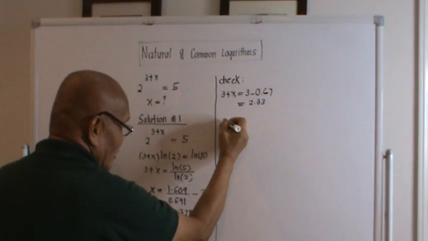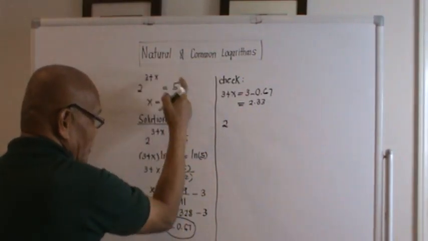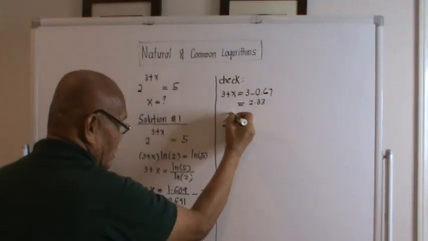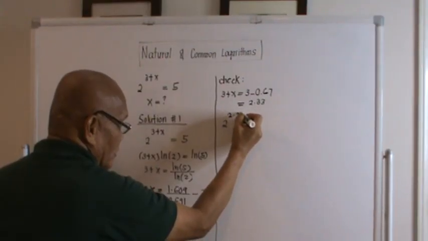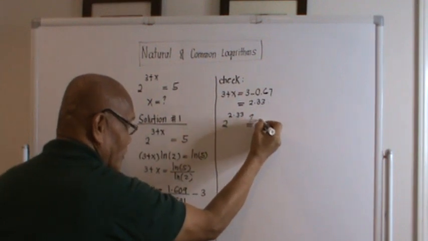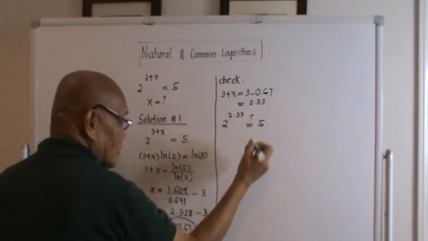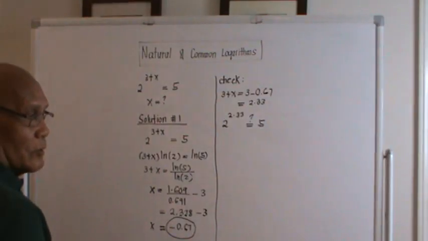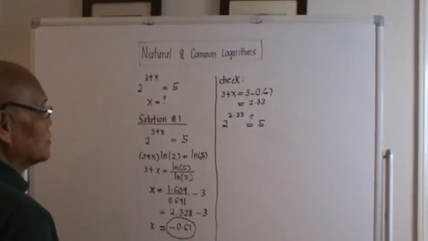So we will place the value 2.33 for 3 plus x. And will it be equal to 5? We are checking the validity of our answer.